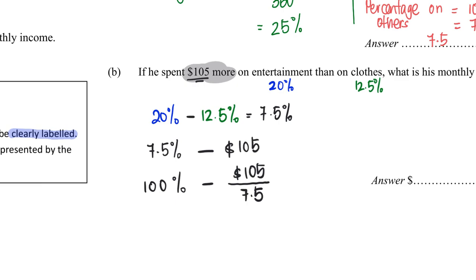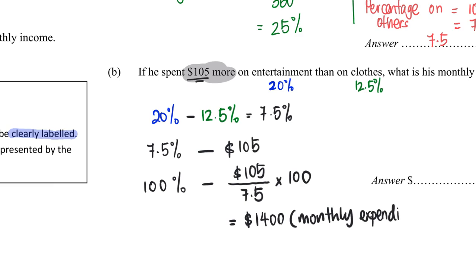Once I know this, I just need to multiply by 100. Then I will get my 100%, which amounts to $1,400, and that is the monthly expenditure. Step 1 done.